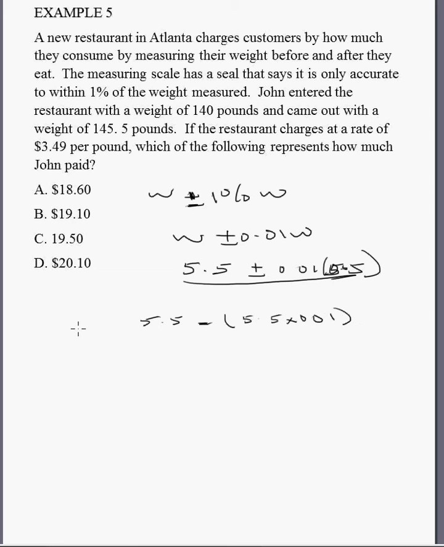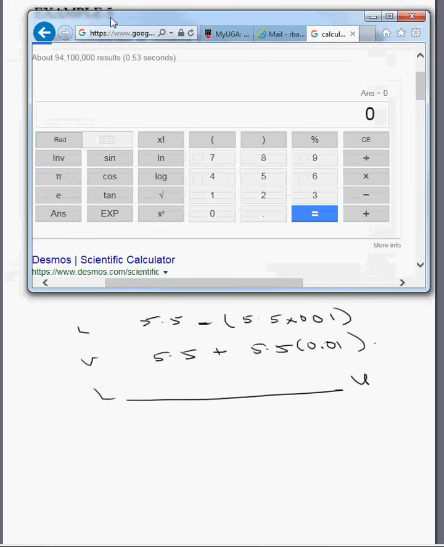That is the lower level. And then the upper level will be 5.5 plus 5.5 times 0.01. So let's find out. So that will be the range. This is the lower amount and this is the upper amount. So let's find the values and apply. Let's bring our little calculator here and do our calculation.